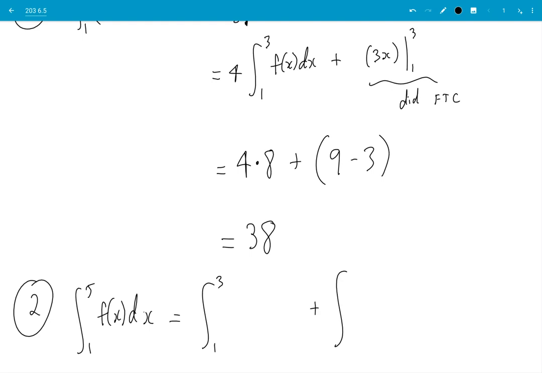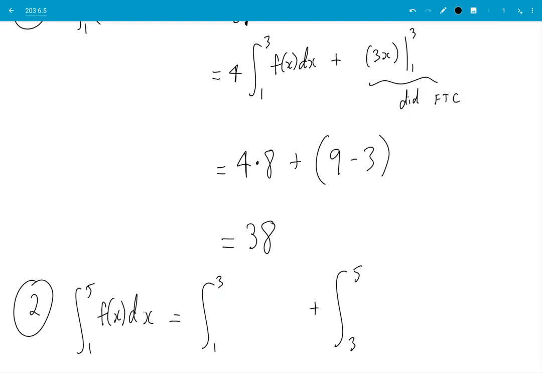And then plus the integral from 3 to 5. Why did I choose the number 3? As long as I have the same number here and here, then this equal sign is true.